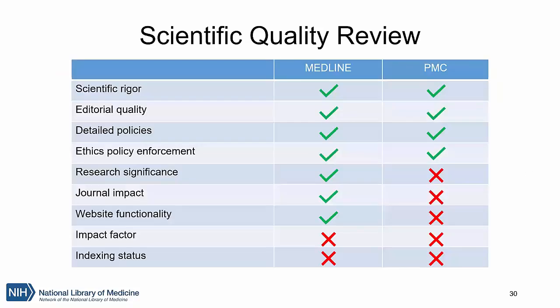Next, we'll review criteria that Medline and PMC staff and our external experts use to evaluate the scientific rigor of a journal. NLM views each journal comprehensively, and this slide outlines some of the criteria that we use during that review.